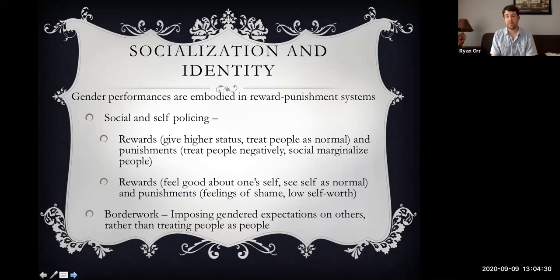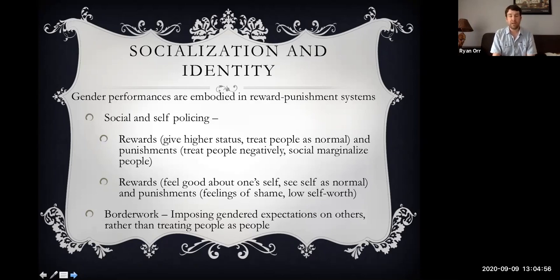But also, the other side of the coin is if you feel like you don't fit, if you feel like a fish out of water when it comes to people expecting you to act a certain way as a girl or as a boy, that's when you can start to feel bad about yourself. You can start to get lower levels of self-esteem and self-worth. You're doing self-punishment rather than relying on other people to punish you.